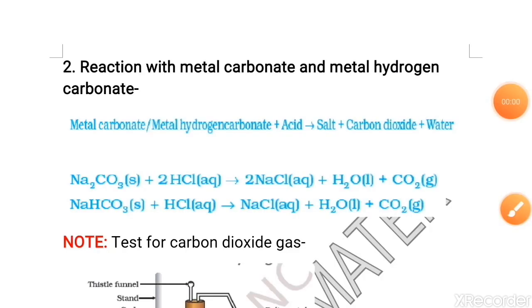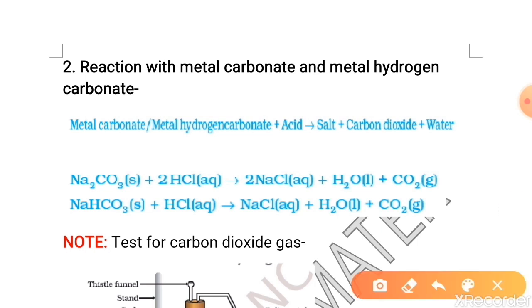Now we will study the reaction of metal carbonate and metal hydrogen carbonate with acid. Whenever metal carbonate or metal hydrogen carbonate reacts with acid, they form the corresponding salts along with carbon dioxide and water. In this word equation you can see clearly that metal carbonate or metal hydrogen carbonate reacts with acid to form salt, carbon dioxide plus water.